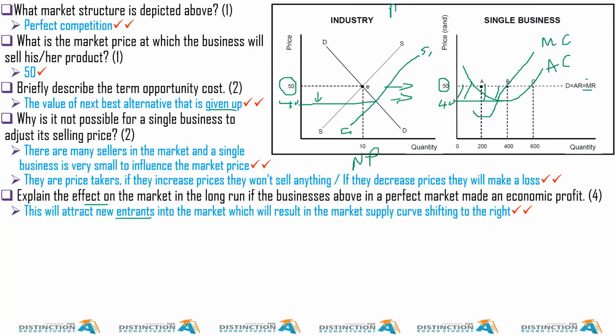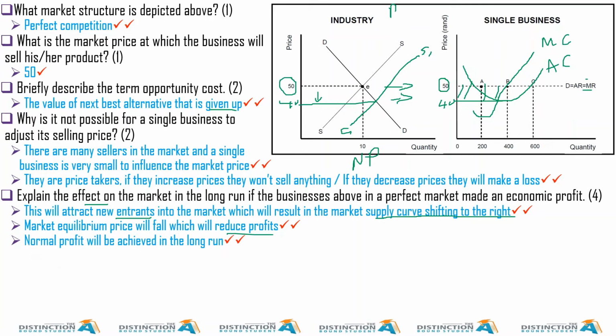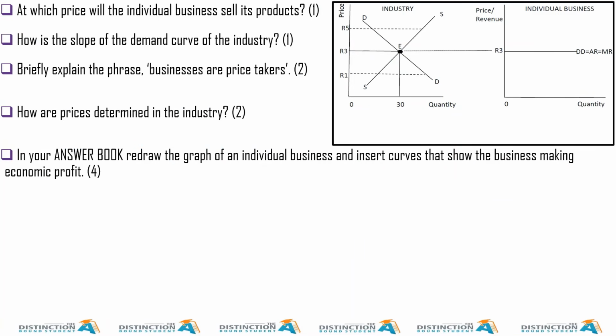This will attract new entrants into the market, which will result in the market supply curve shifting to the right. And then the market equilibrium price will fall, reducing the profits, and then normal profit there.